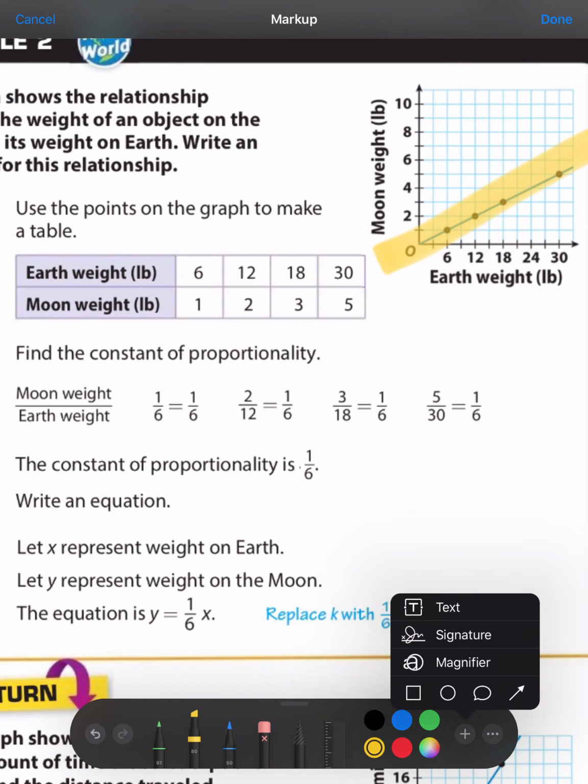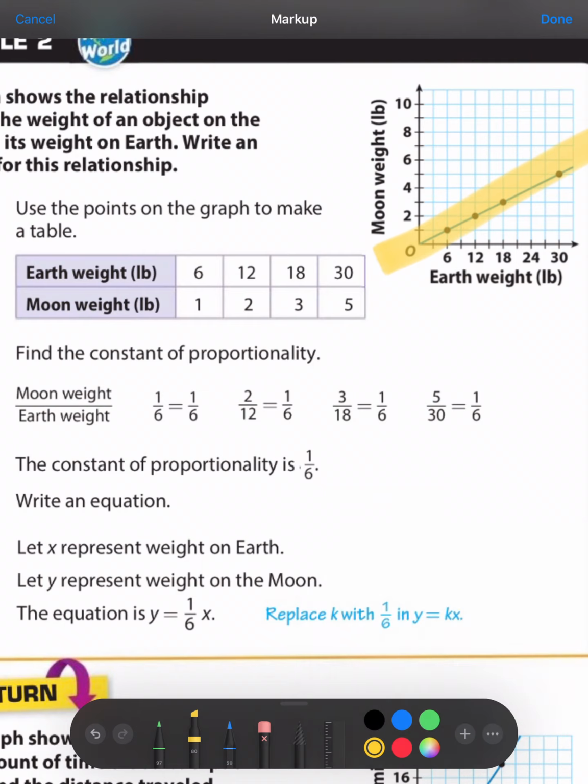Then 18, 3, because you go over 18, up 3. And then we have 30 and 5, because you go over 30 and up 5.